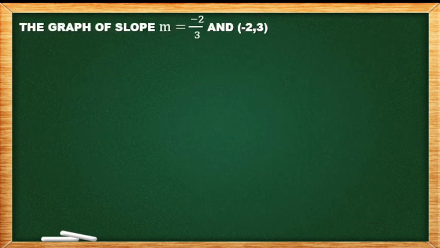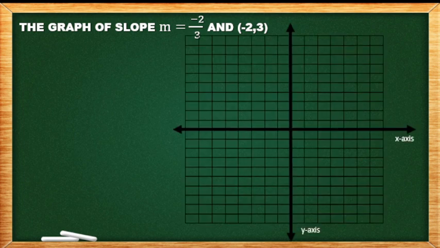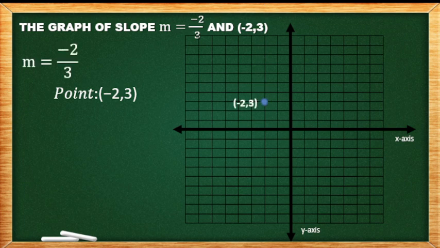Next, the graph of the slope negative 2/3 and point (-2, 3). Same, we need to plot (-2, 3). Nasa quadrant 2 kasi negative yung x, positive yung y. Ayan. Then by using slope, since yung rise is negative, so therefore magda-down tayo ng dalawang beses. 1, 2.